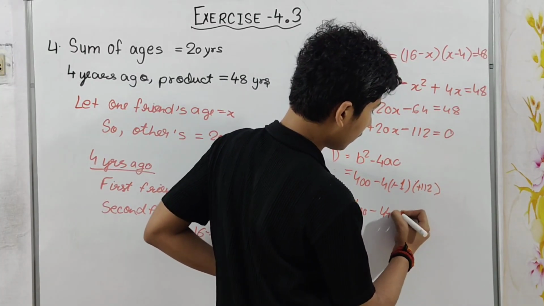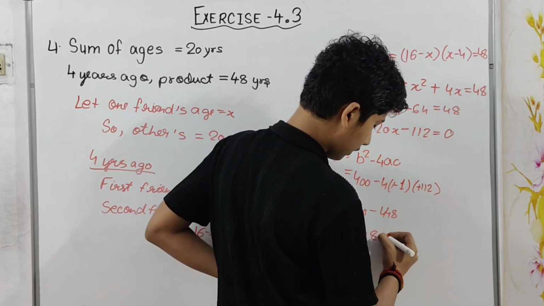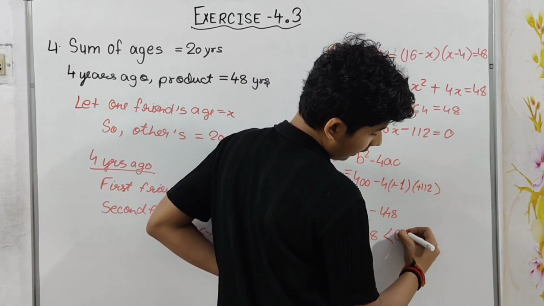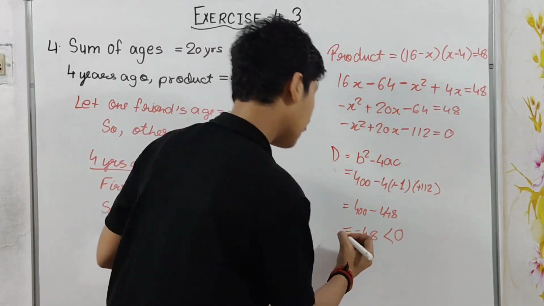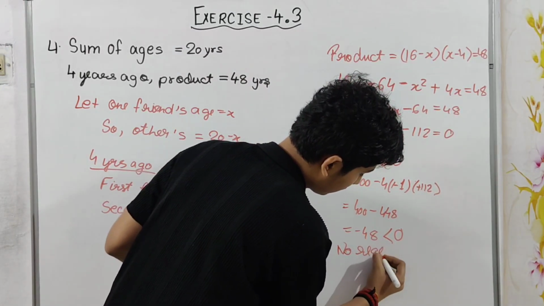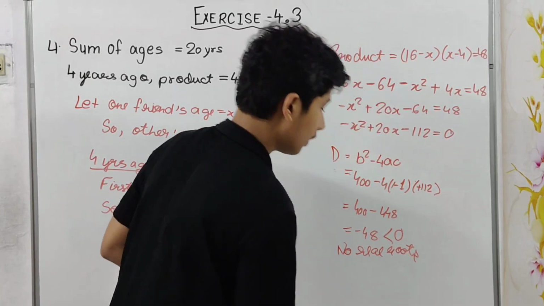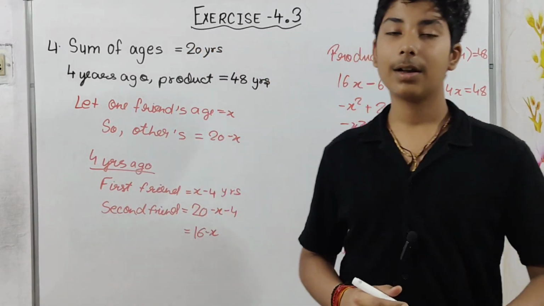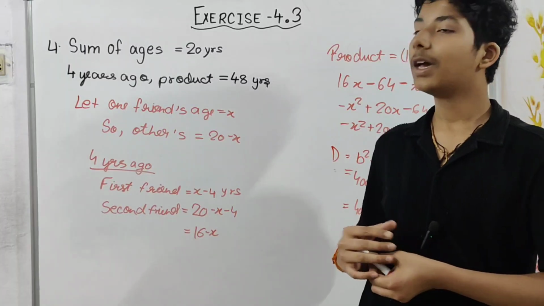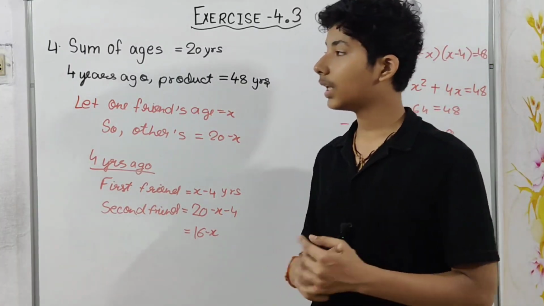So 448, which is minus 48, which is less than 0. So there are no real roots. Hence, we cannot find out the value of their current ages basically. I hope this is clear.